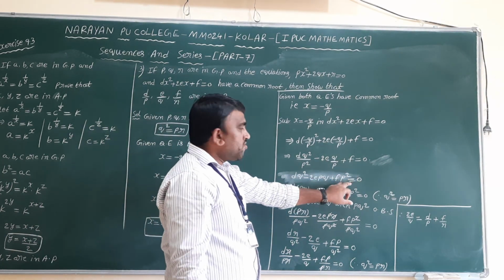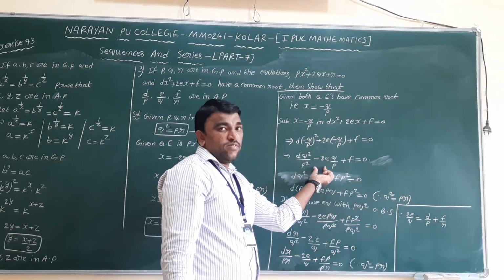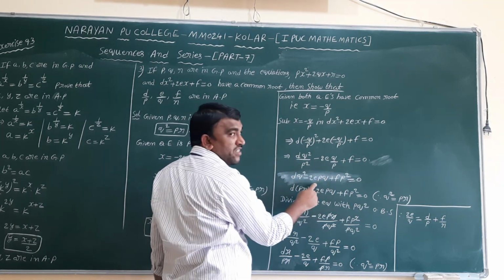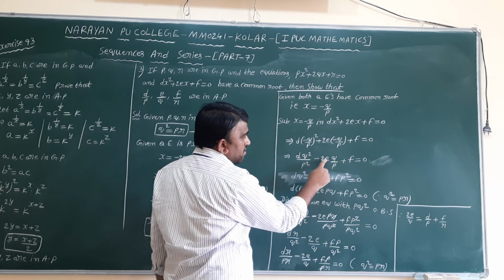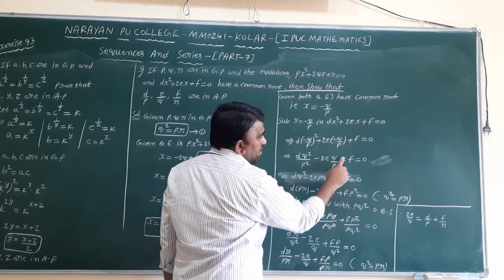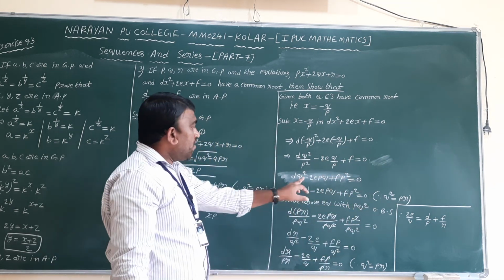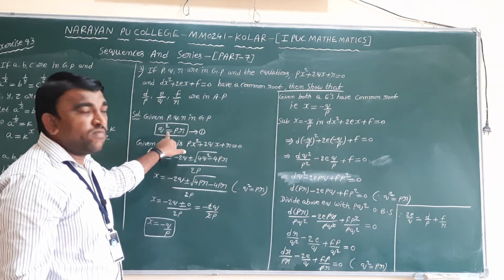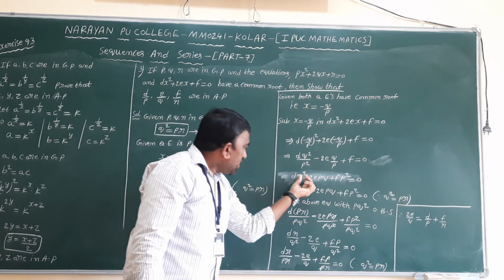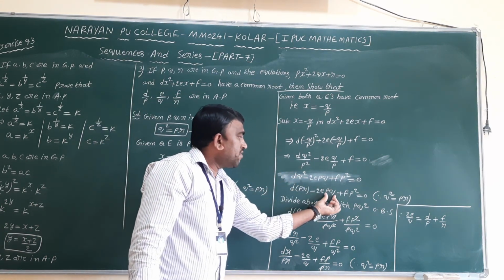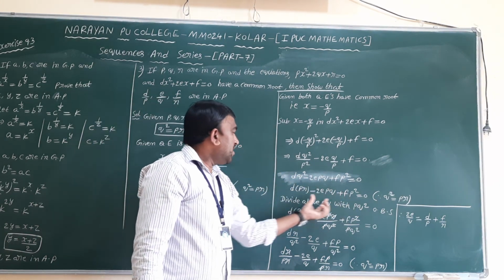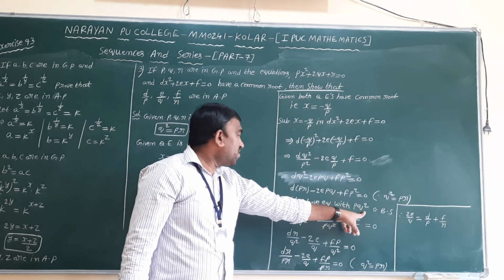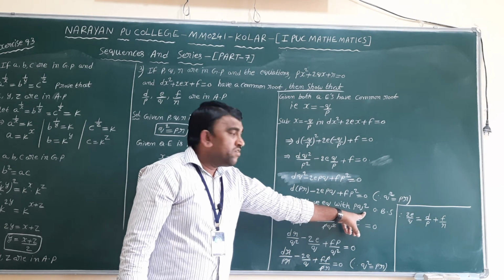Here, before going to the division, take the LCM. The LCM of this equation is p square, so we get d q square minus 2e pq plus f p square equal to 0. Now in place of q square, we know q square is pr from p, q, r in GP, so write pr in place of q square. The remaining terms, write as they are. Then the whole equation is divided by p q square.